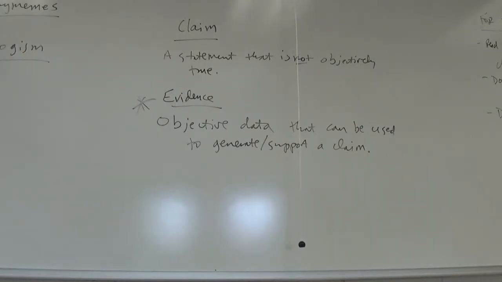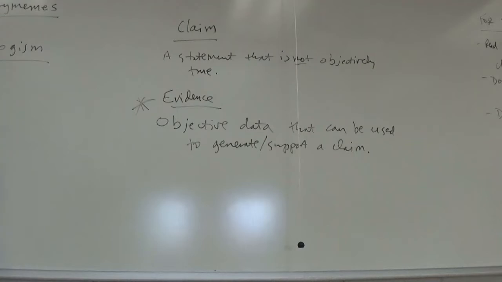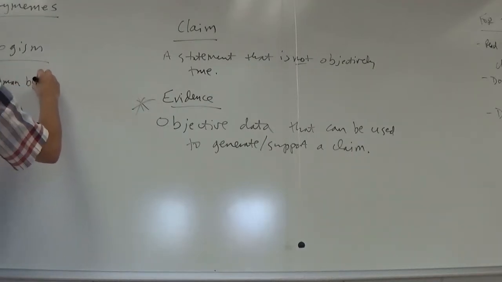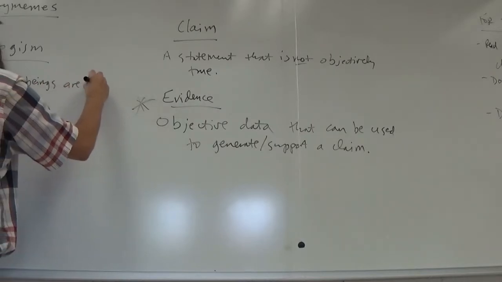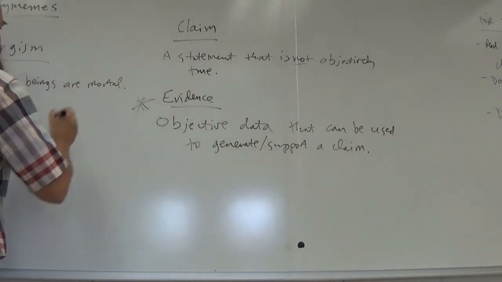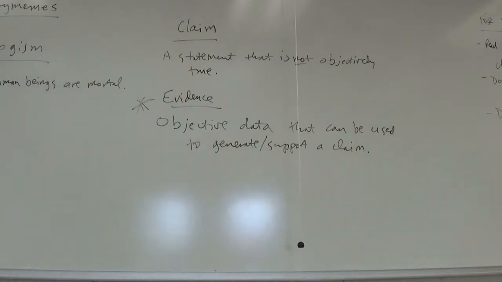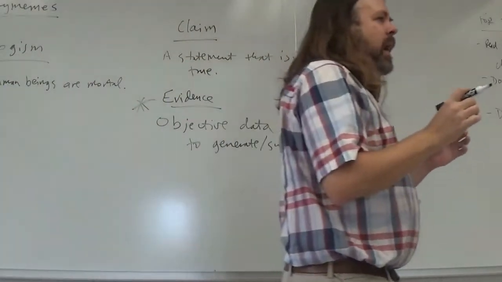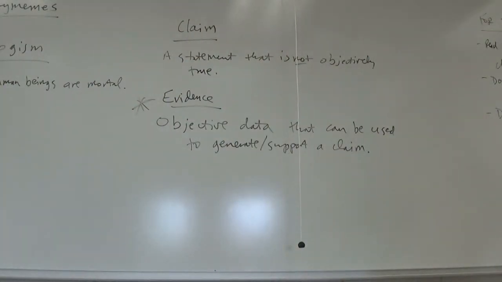So first, you have what's called the major premise. So if I say something like, all human beings are mortal, so the major premise is a general statement about a broad class of objects, right?